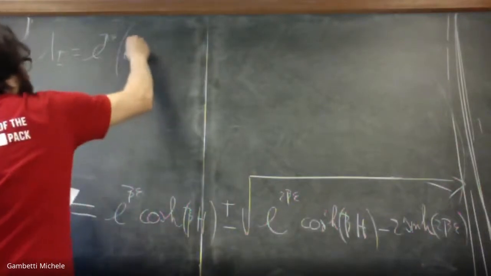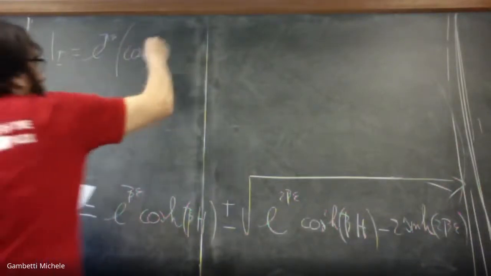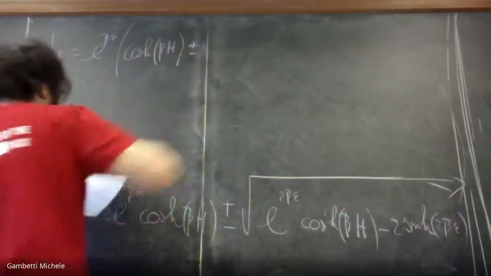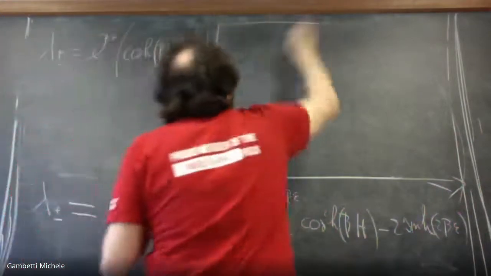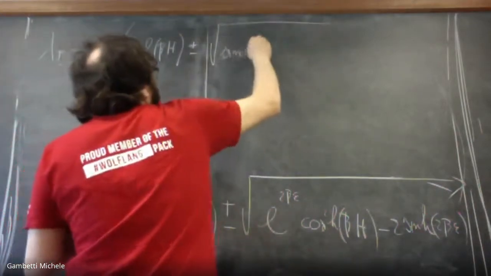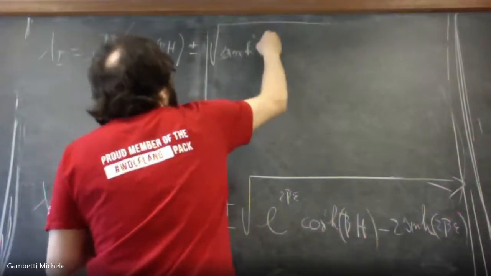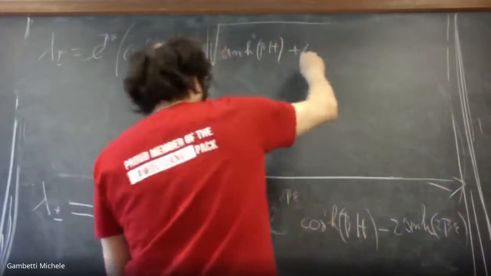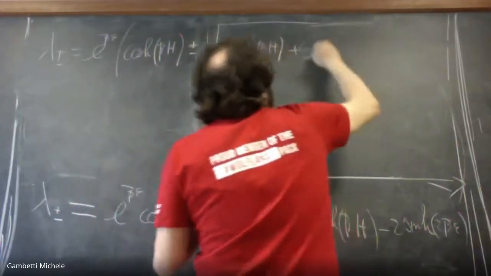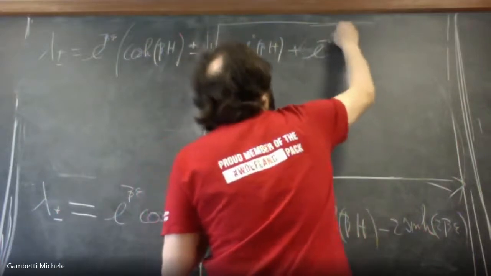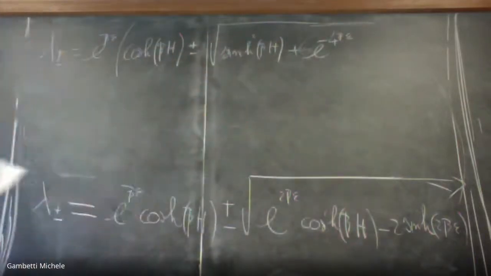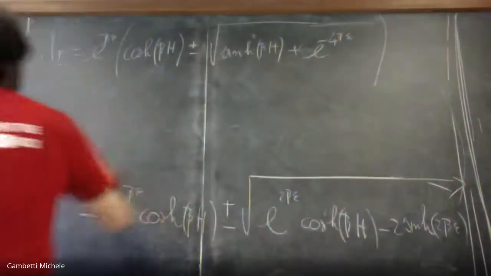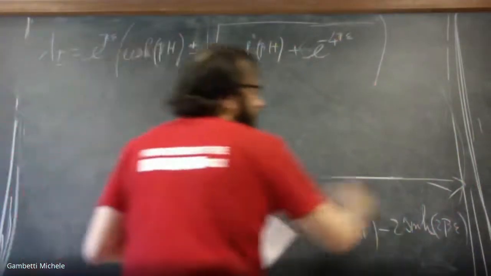Then you have the hyperbolic cosine of beta H plus or minus the square root of sinh squared of beta H plus e^(-4 beta epsilon). So those are the two eigenvalues of P.